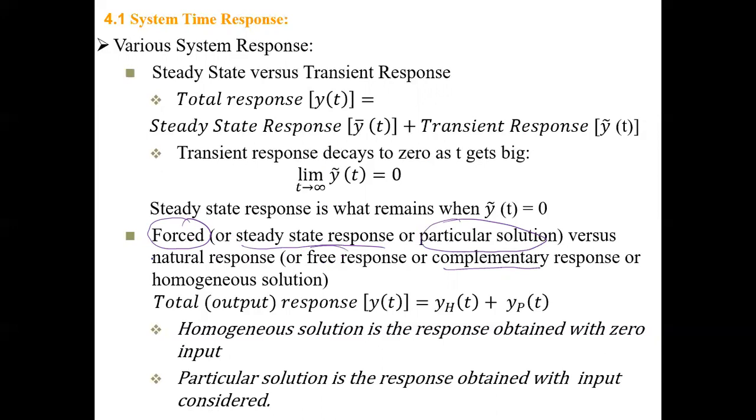And the other one, the natural, or complementary response, has different names too. You can say free response, homogeneous solution, or natural response. But in this case, what is the total response? Total response y(t) equals y_H plus y_P. H for homogeneous, P for particular.